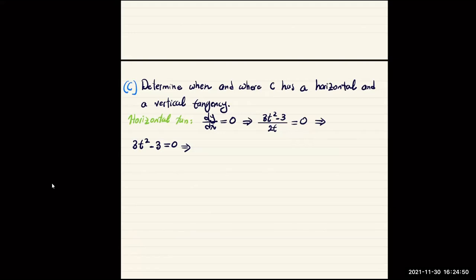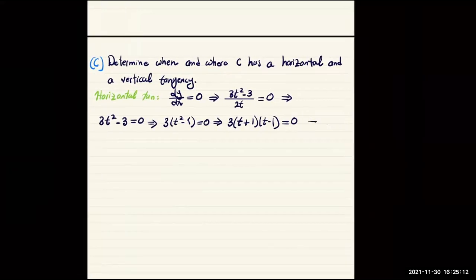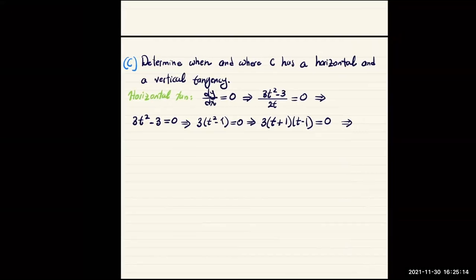You can factor this into 3 times (t squared minus 1). You can factor t squared minus 1 into (t plus 1)(t minus 1) equal to 0, which gives us 2 solutions for t. We get t equal to negative 1, and we get t equal to 1.